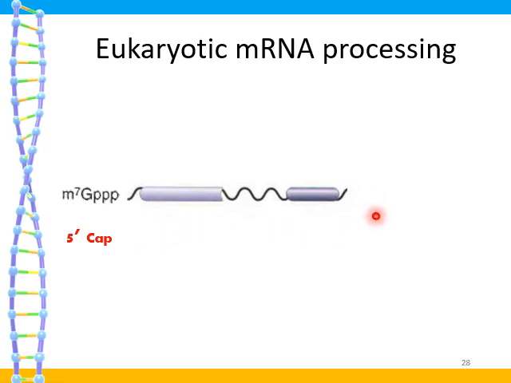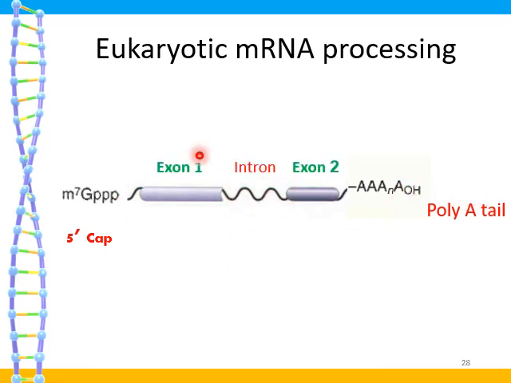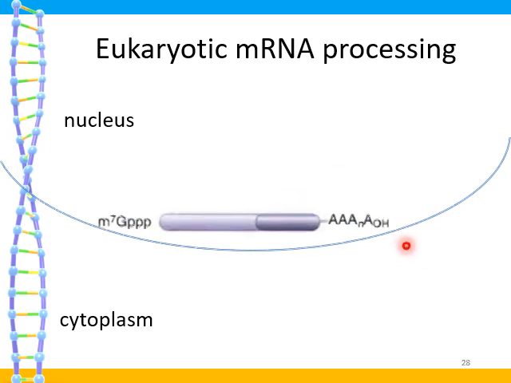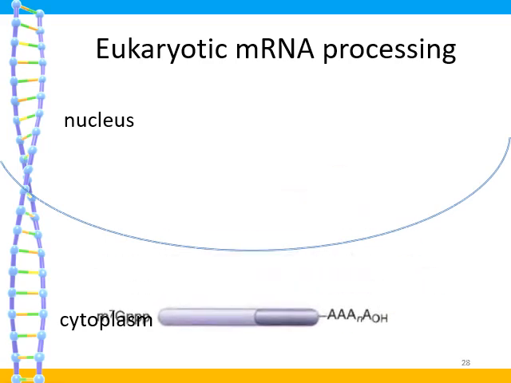Then we add a poly-A tail, which means a tail on the 3' end of the molecule that contains many adenine nucleotides. And then we remove the parts that belong to the introns, and the sequences of the exons will remain. They attach together and make this mRNA molecule that is exported out from the nucleus into the cytoplasm.